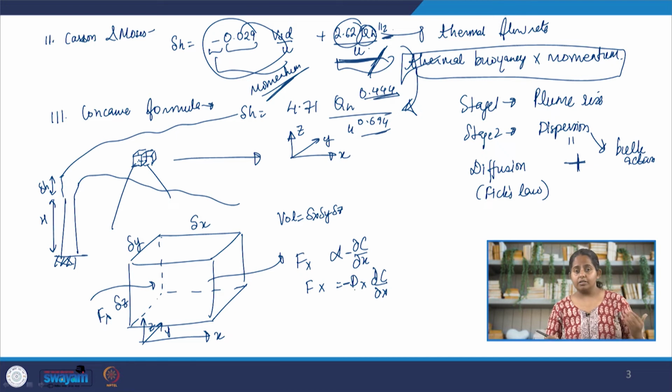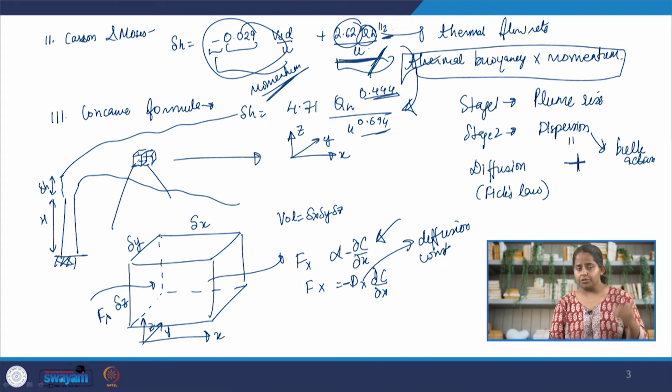Dx is a constant that we are using in this Fick's law, and this is known as the diffusion constant. Remember, we are first writing down the diffusion part of the dispersion, and then we will write the bulk action part later. But right now we are focusing on the diffusion part. We will add the bulk action, so do not worry.